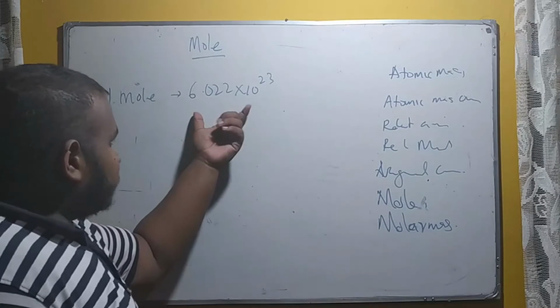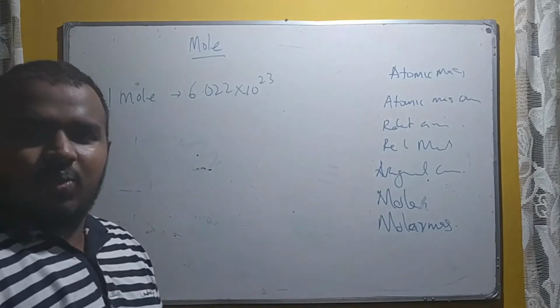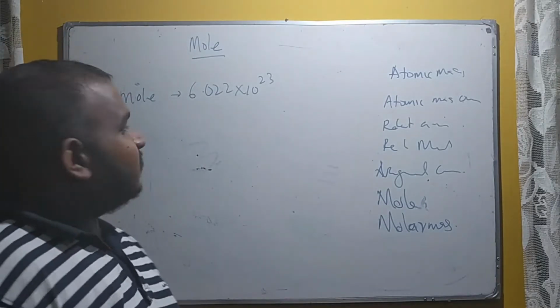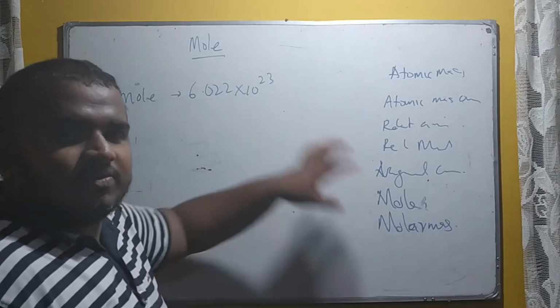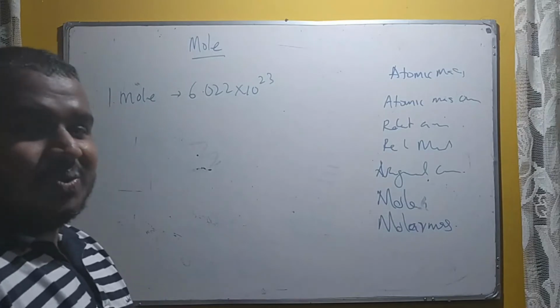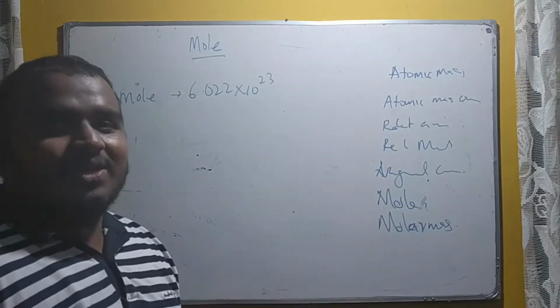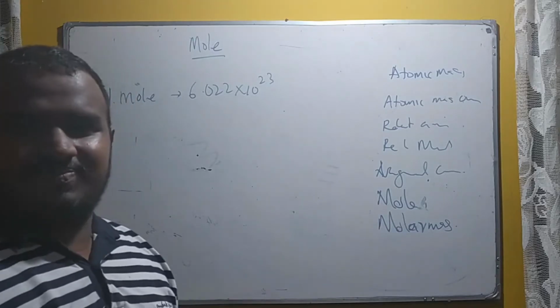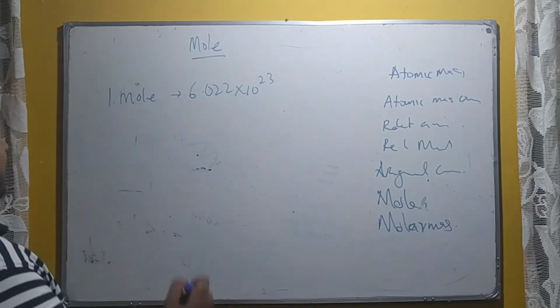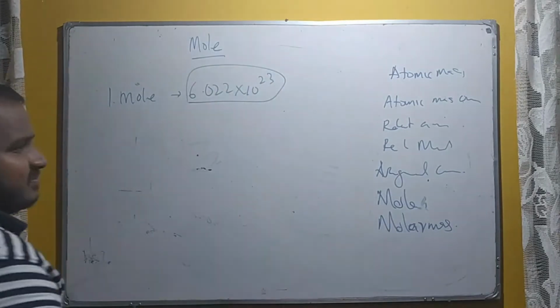If you collect this much of humans, we call it 1 mole of humans. If you collect this much of cells, 1 mole of cells. If you collect this much of sodium, we call it 1 mole of sodium atoms. So simple. Mole means this value.